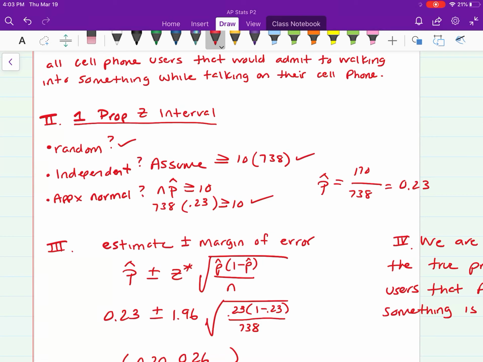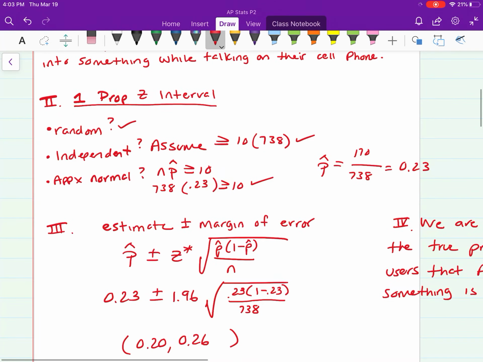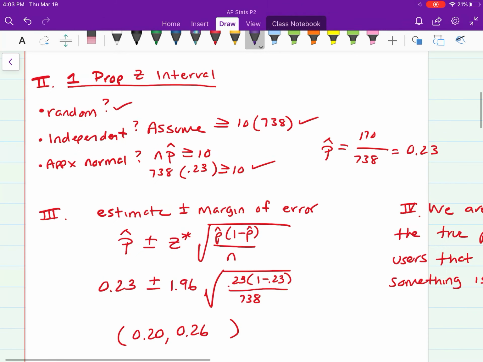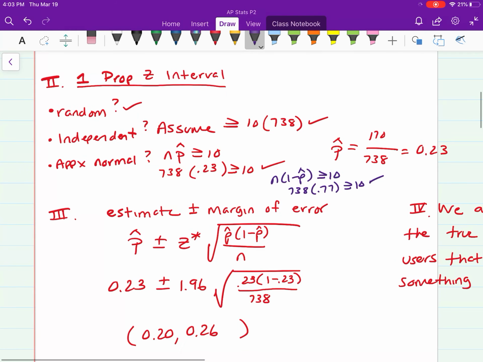I didn't check n times 1 minus p hat greater than or equal to 10 in our do now. So we also got to check n times 1 minus p hat greater than or equal to 10. So that's 738, and that would be 0.77 greater than or equal to 10. All right, nothing like messing up.